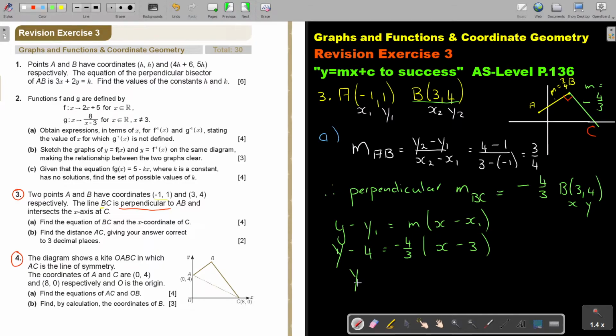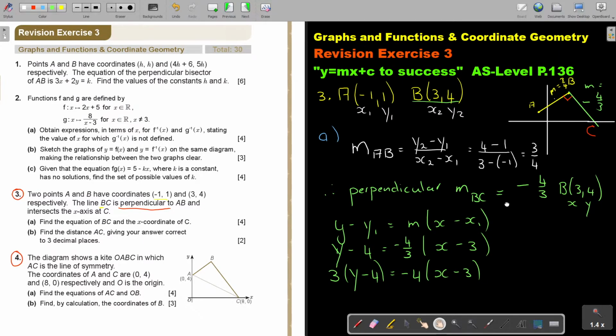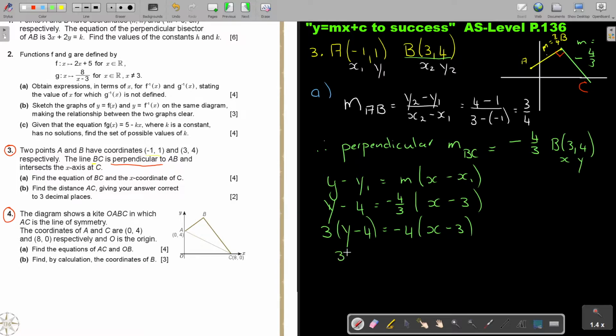And I simplify. So y minus 4 is going to be, let's just multiply this side with the 3 already. Then it's just the negative 4 on that side. Then we move up. So we get 3y minus 12 equals negative 4x plus 12. So 3y is equal to negative 4x, that's the 12 plus the 12.